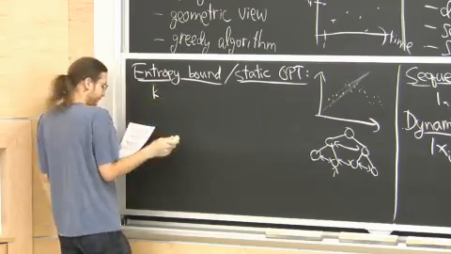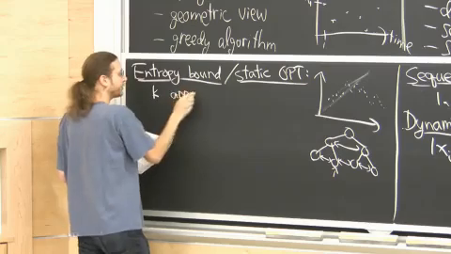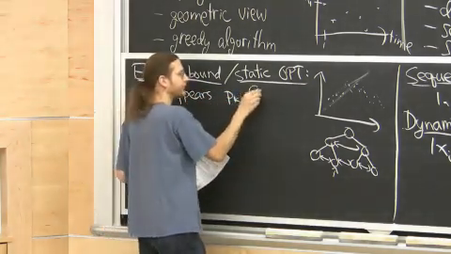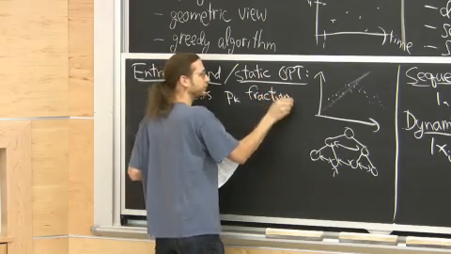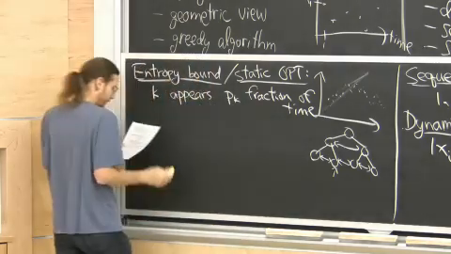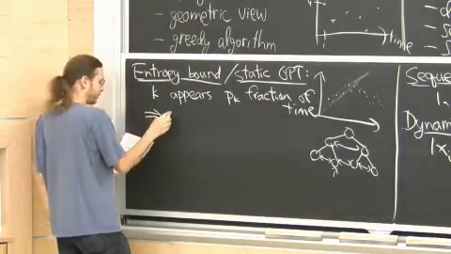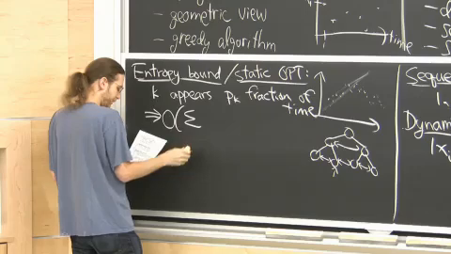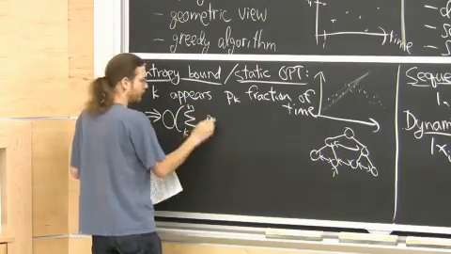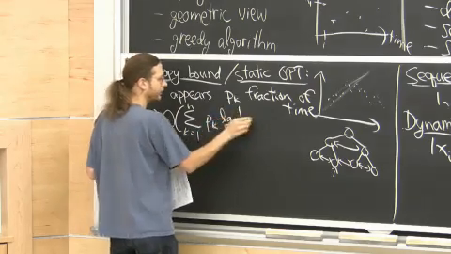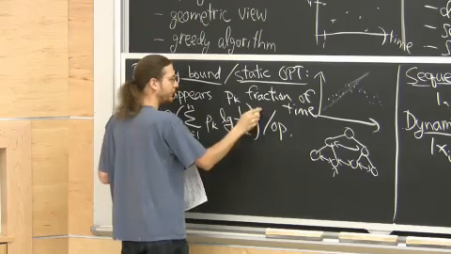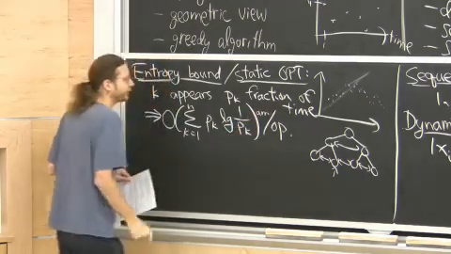It says if key k appears p_k fraction of the time, then I'd like to achieve a bound of the sum of p_k log 1/p_k per operation. Everything here today will be amortized.